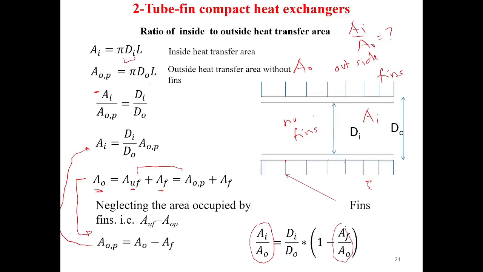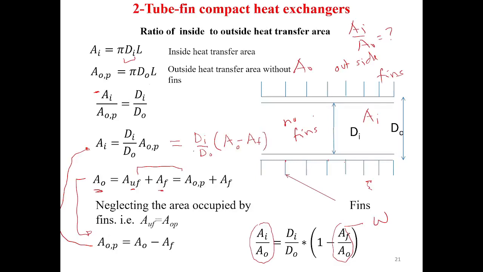Of course, A fin divided by A0 is going to be omega, which is a parameter that is known in the data for that particular surface. Notice that what we did here is we said this is equal to D inside by D outside multiplied by AOP, which is taken from this equation, so it's going to be A0 minus A fin.